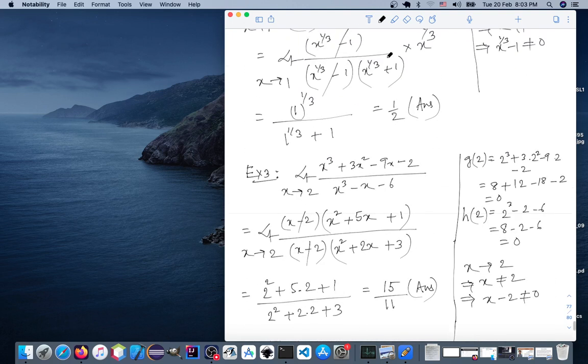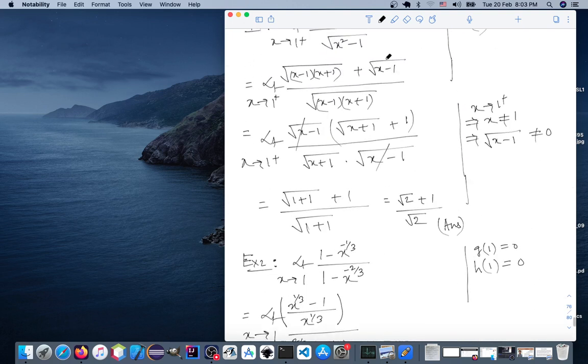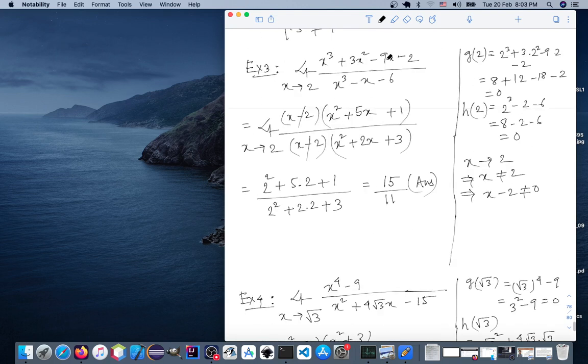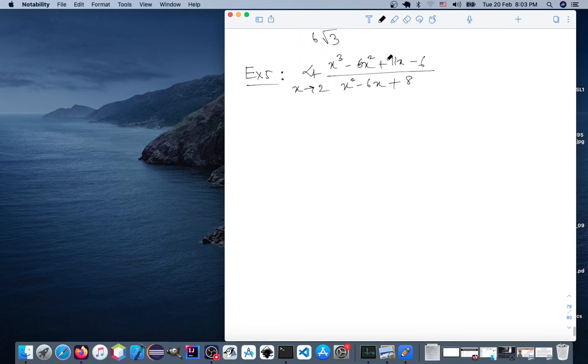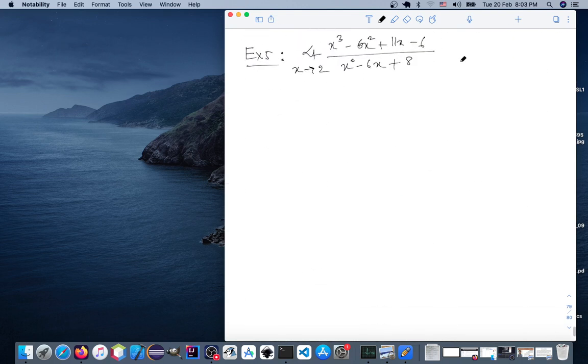So at x equals 2, we see g(2) is becoming 8 minus 24 plus 22 minus 6, which equals 0.